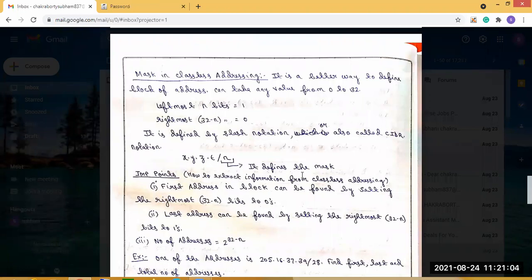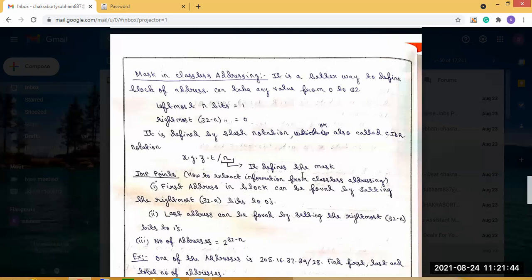There are some important points you have to remember to extract information from classless addressing. First, the first address in the block can be found by setting the rightmost 32 minus n bits to zeros. You have to remember these points, otherwise you cannot extract information from classless addressing.